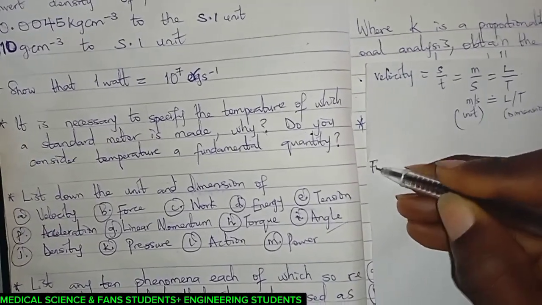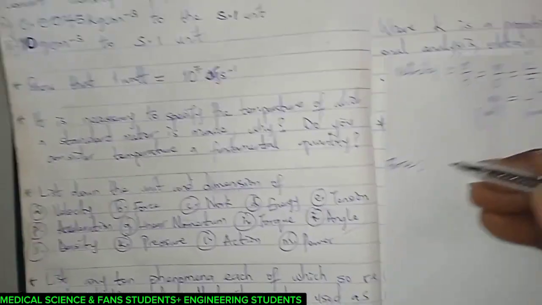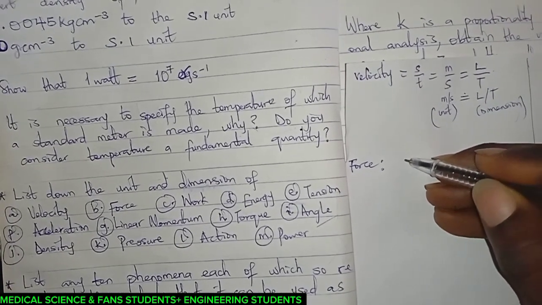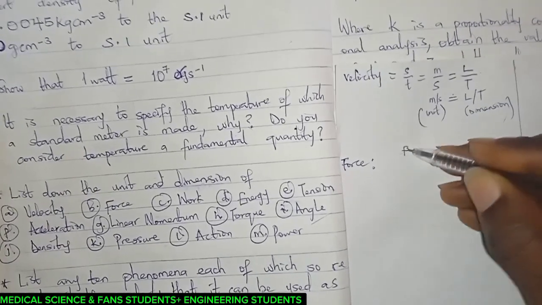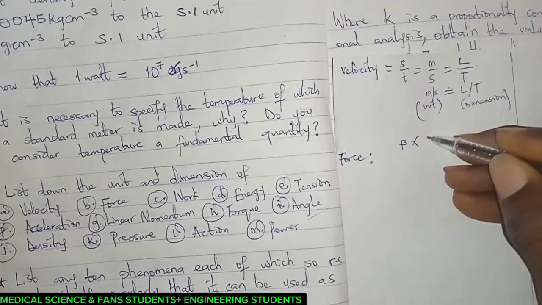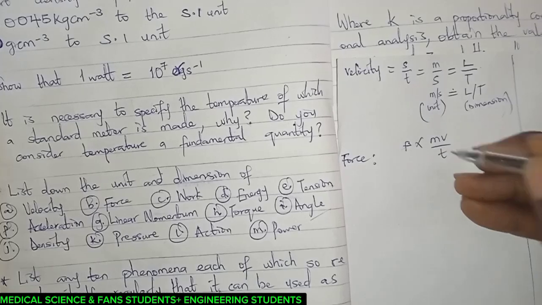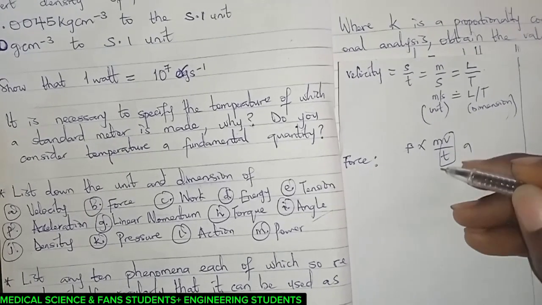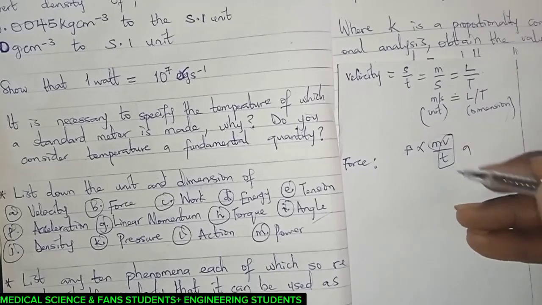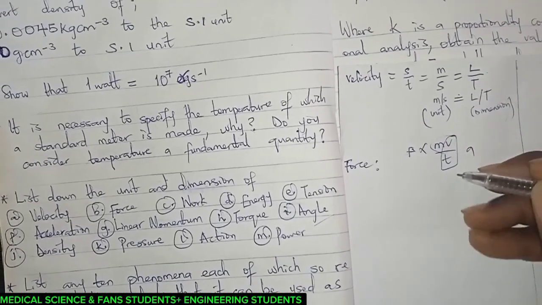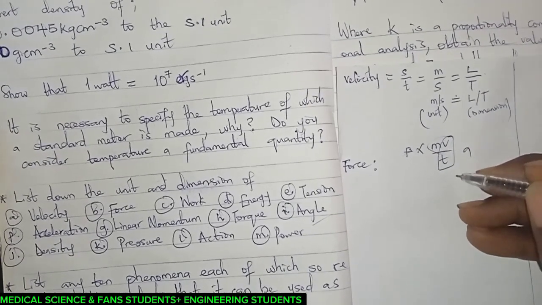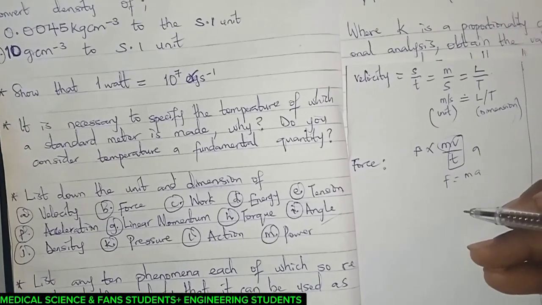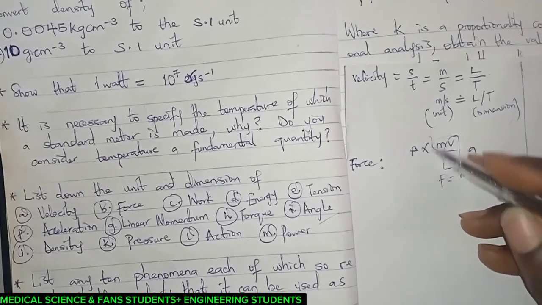The next one, force. You know that from Newton's second law, the force applied is directly proportional to the rate of change of momentum. So from this equation we get F equals ma.